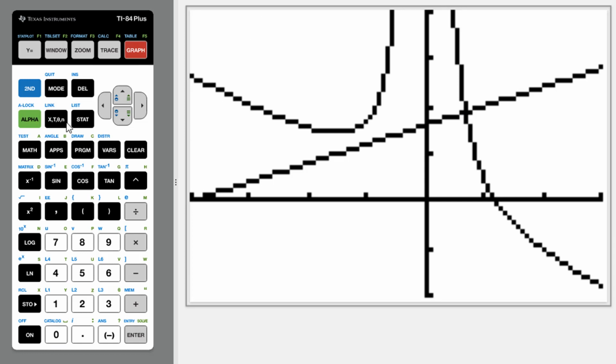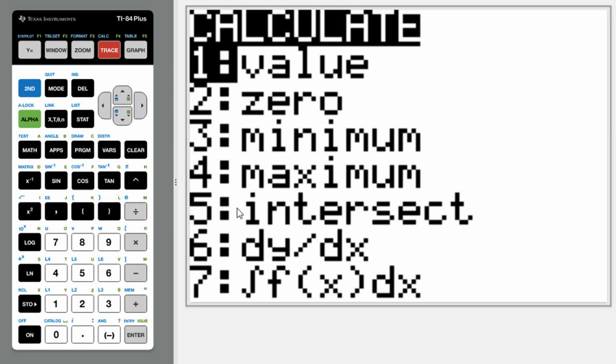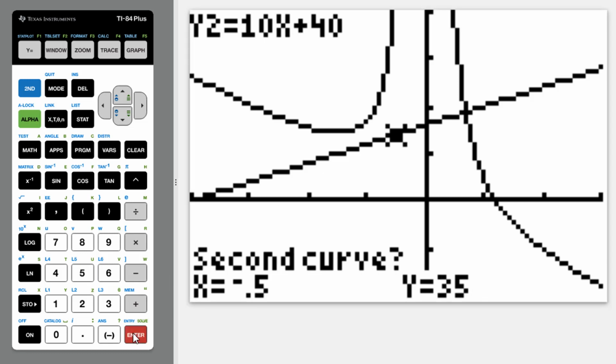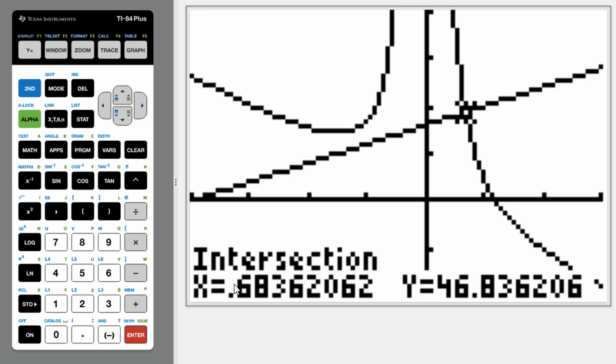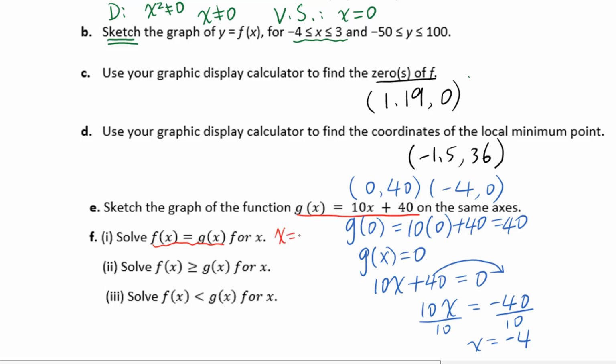This intersection, second trace, go to intersection. Then enter, enter, enter. You will get 0.684, 46.8. x equals 0.684. This will be the solution.